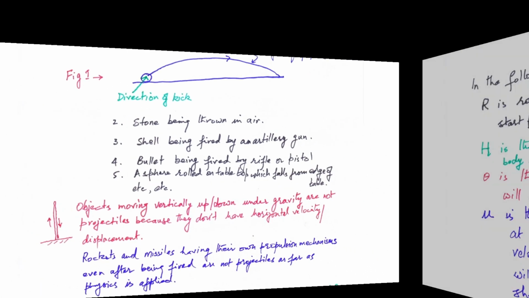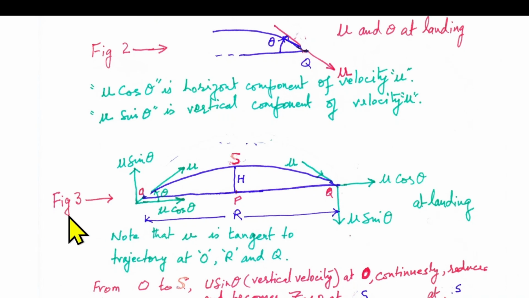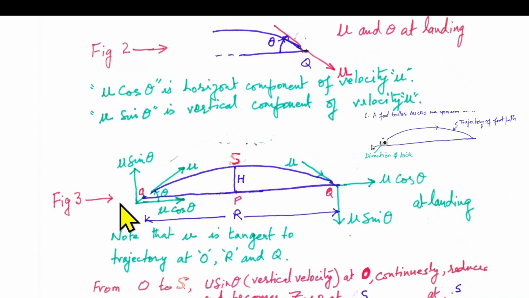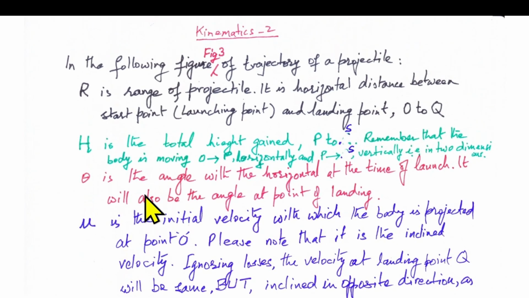Now, I have made a diagram for you at the bottom of the page, almost center of the page, and in that diagram I've shown you the trajectory of the projectile from O to Q. Now, there are certain terms that we are going to learn for the projectile motion.